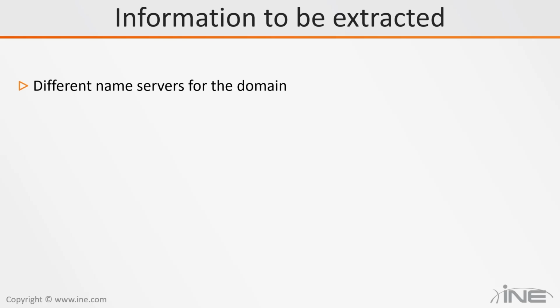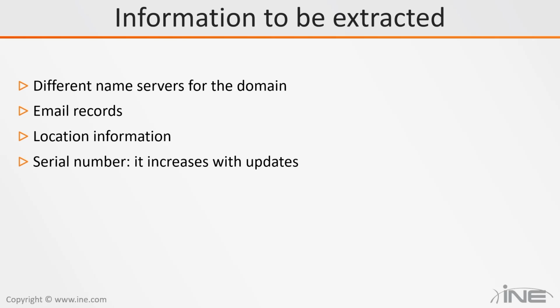So, information that can be extracted in a DNS zone transfer: different name servers for the domain. You can extract email records, location information, and the serial number, which is generated by the date of the changes, and as it updates it increases, so you can track when there are updates in the server.